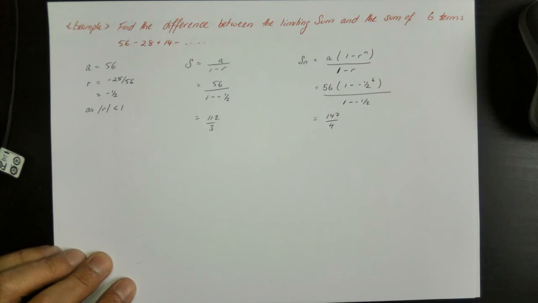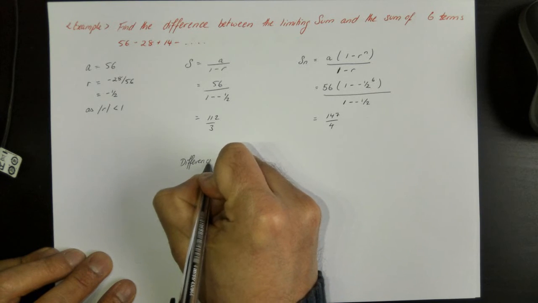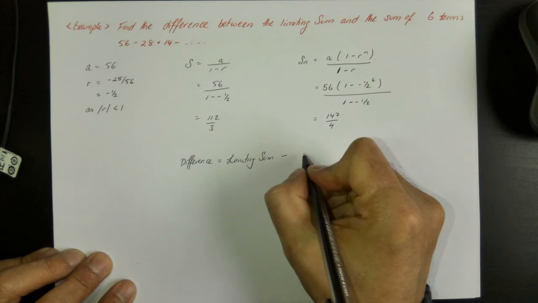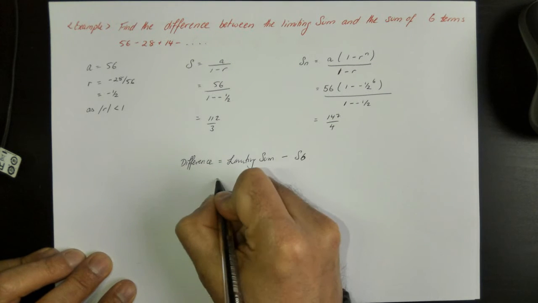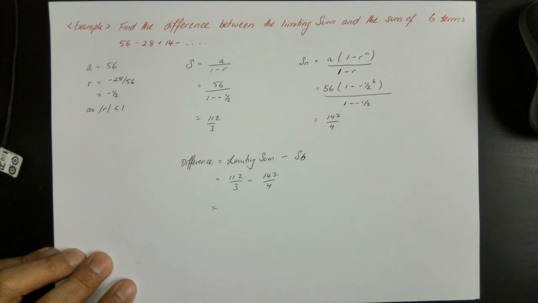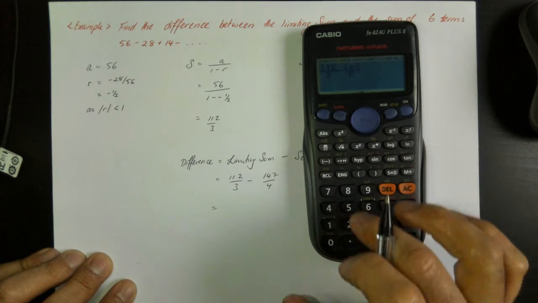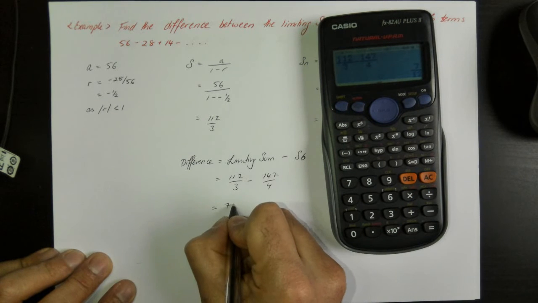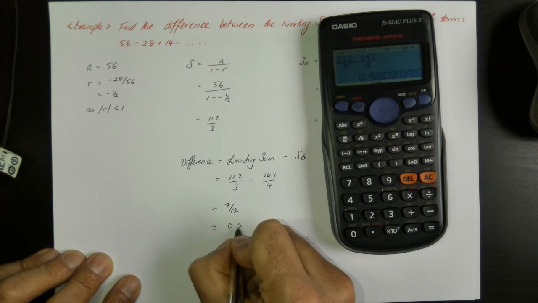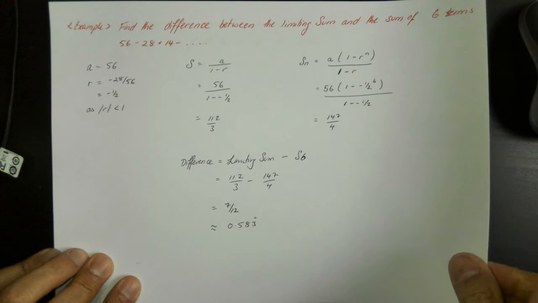Now the question says find the difference between, so the difference of the limiting sum and the sum of 6 terms. So 112 over 3 minus 147 over 4 gives me 7 over 12, which is equal to 0.583 repeating.